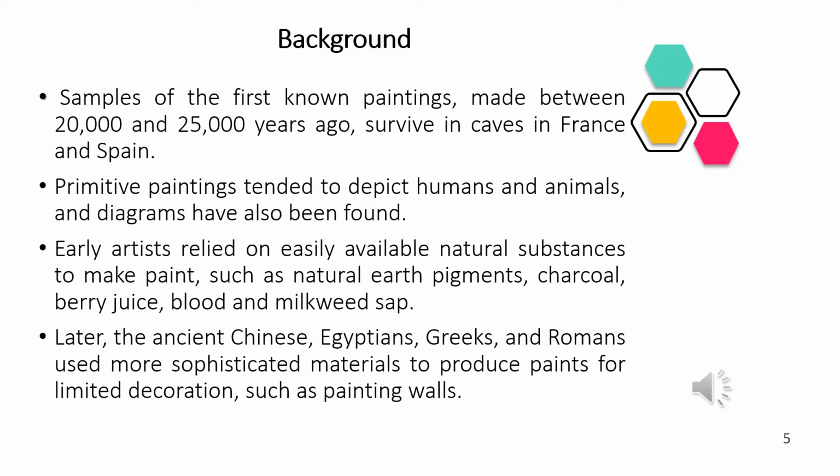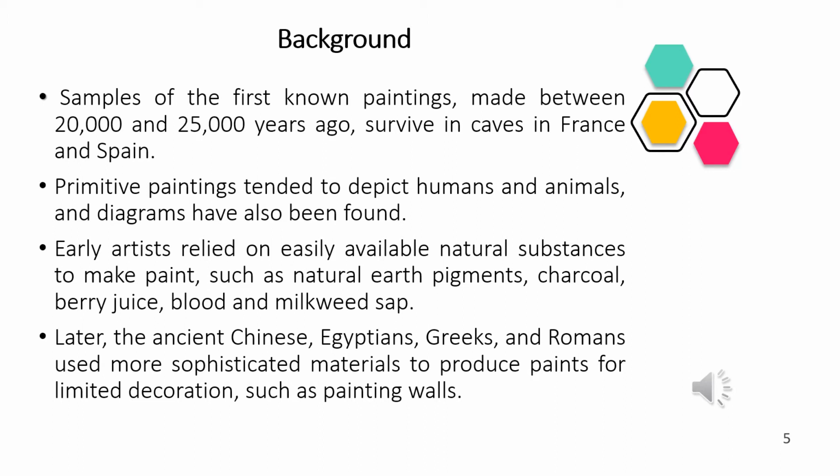Early artists relied on easily available natural substances to make paint, such as natural earth pigments, charcoal, berry juice, blood and milkweed sap. So, the early artists relied on natural substances for paintings.